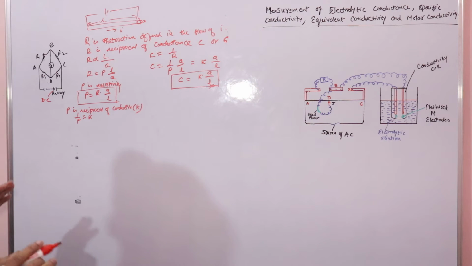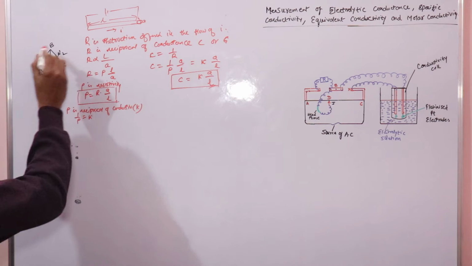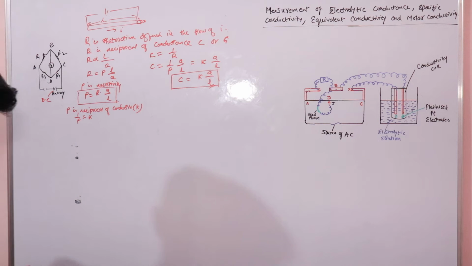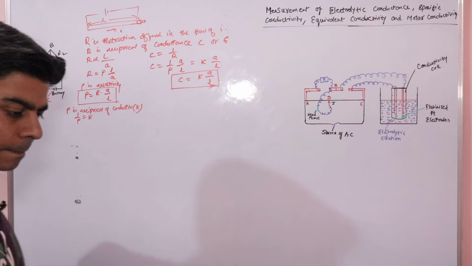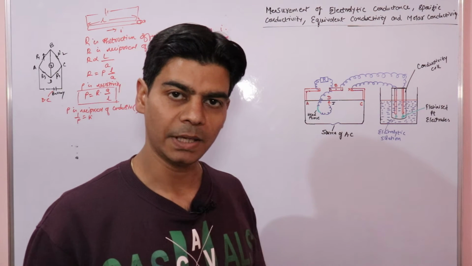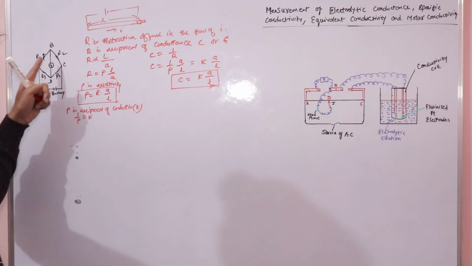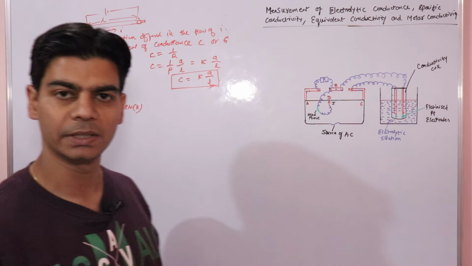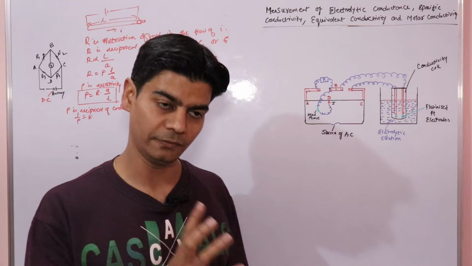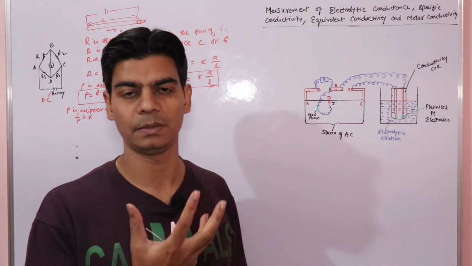We arrange these four resistances in such a way that when current is passed through this battery, the galvanometer will not show any deflection, because a galvanometer shows deflection only when current passes through it.